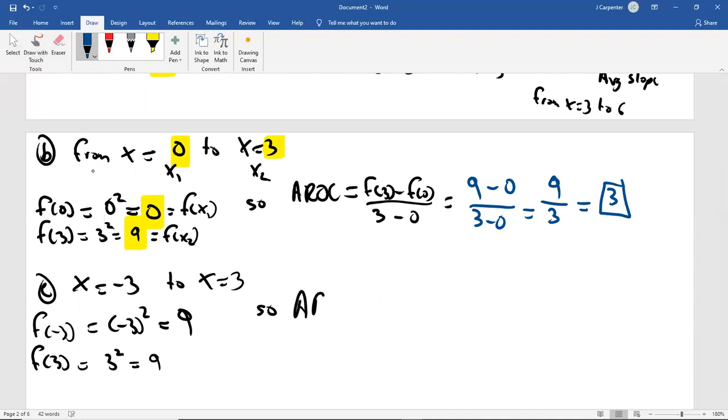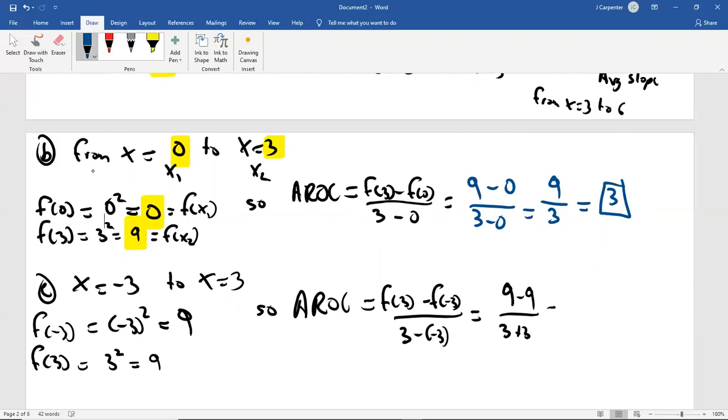So our average rate of change, the f of 3 minus f of -3 over 3 minus -3, that's 9 minus 9 over 3 plus 3, which is 0 over 6, which is 0. Huh. So the average slope between those two values is 0.